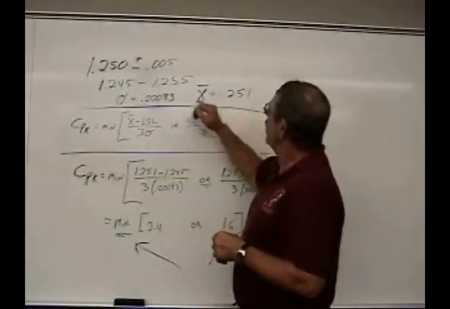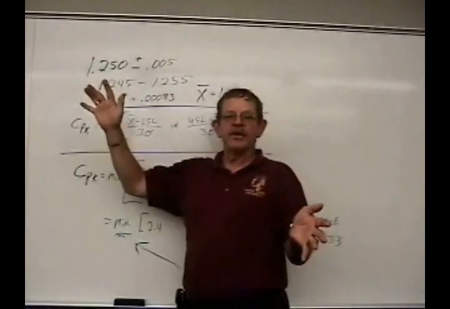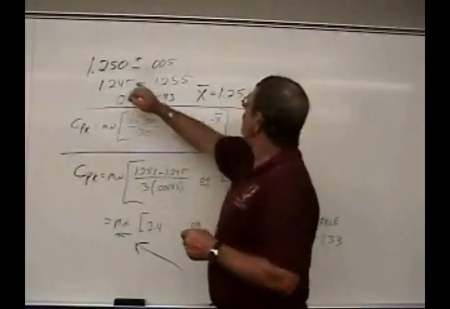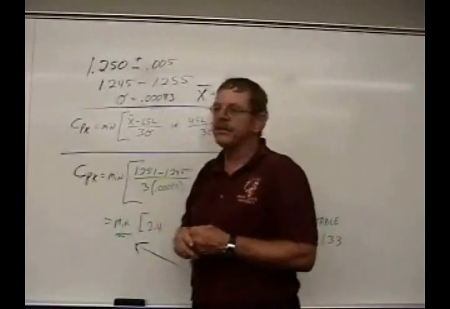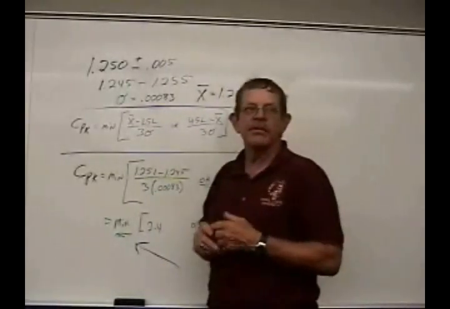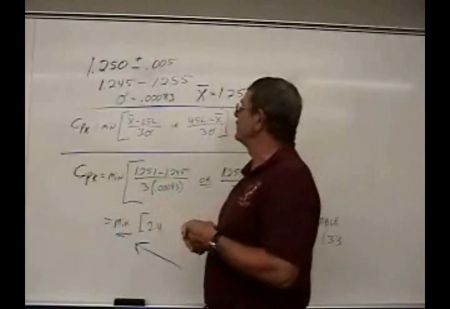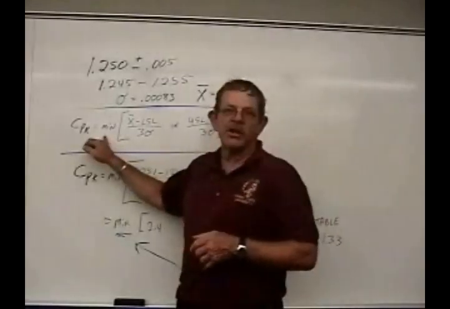So we have all the numbers we need now to figure out the capability index. We know what the tolerance or the spec limits are, we know what the standard deviation is, and we know what the average mean value is of the parts that were measured. So we take a look at our formula.